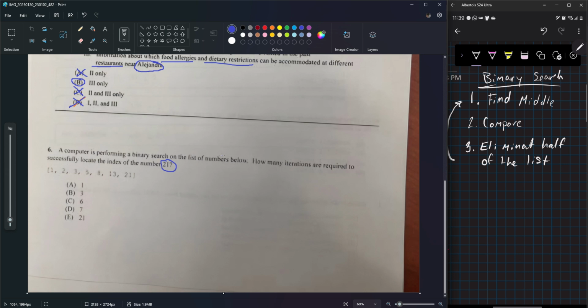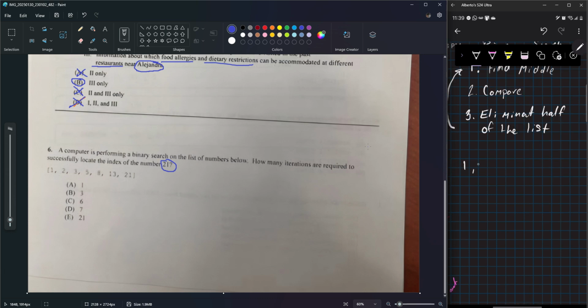So let's write down our list. We have 1, 2, 3, 5, 8, 13, and 21.